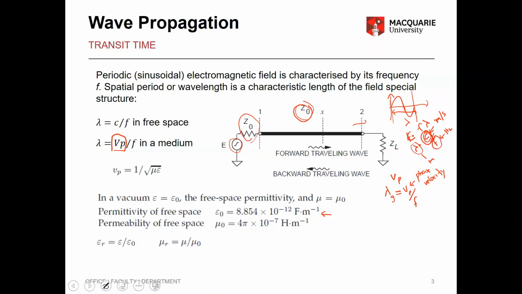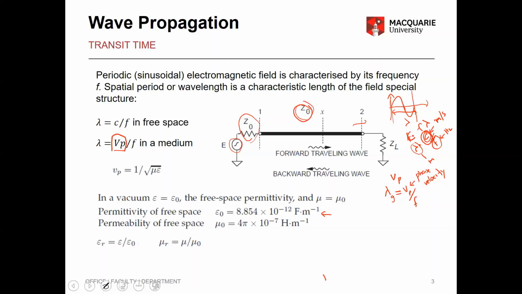Permeability in vacuum or free space is mu naught, and it's given by 4 pi times 10 to the power minus 7 Henry per meter. So if you find the mu epsilon product and take the square root of that product, you will find that Vp is equal to the speed of light. It will come very close to 2.99 times 10 to the power 8.